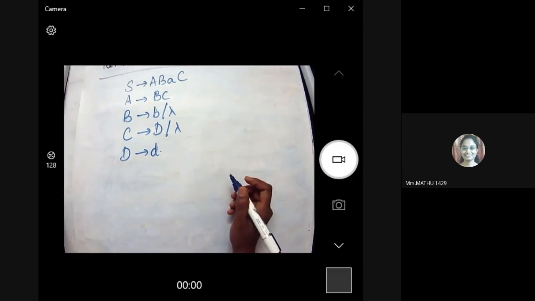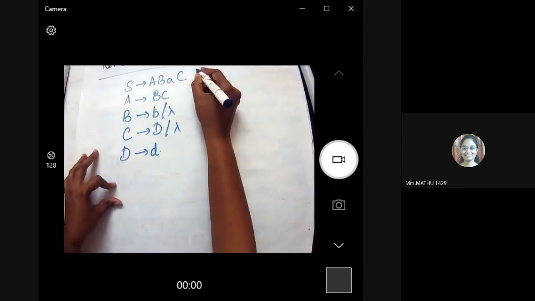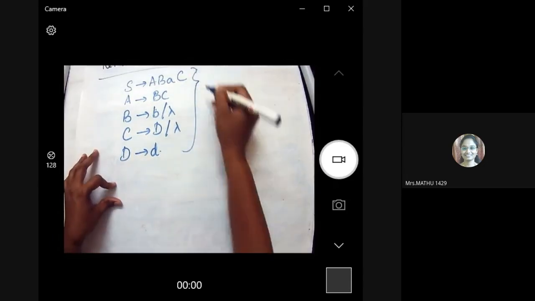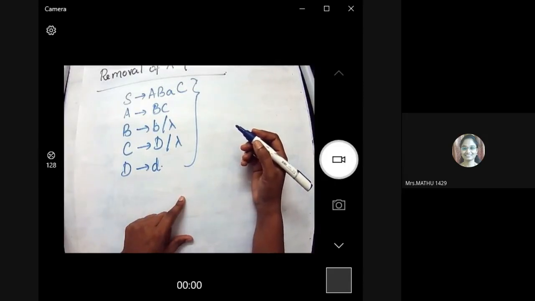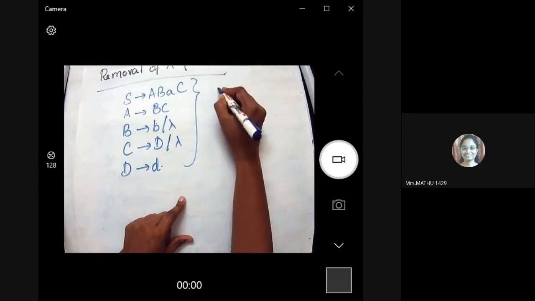Now we want to identify the lambda productions as well as the nullable variables. By looking at the problem itself, can you identify the lambda productions? What are the lambda productions here? B and C. Yes, very good.